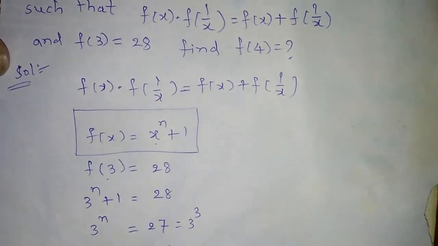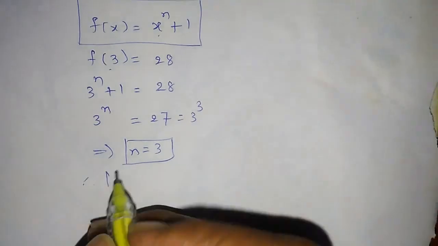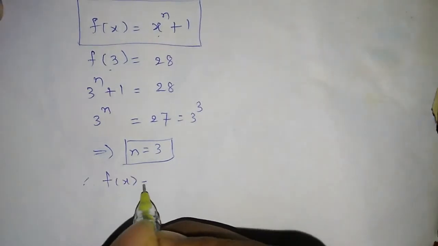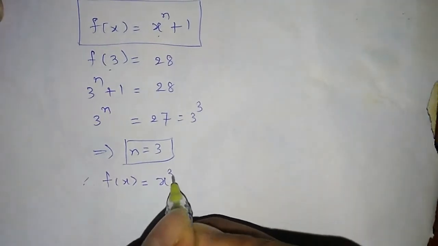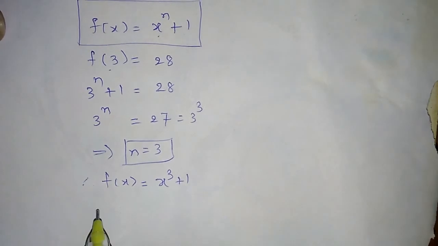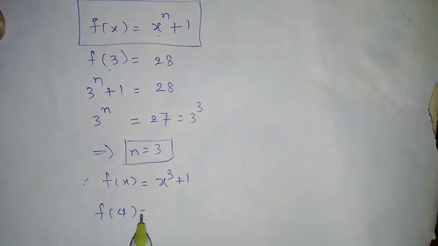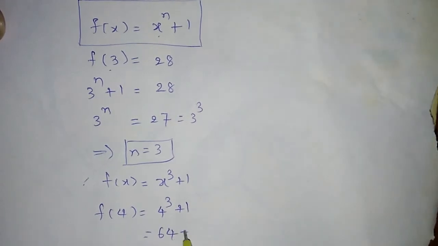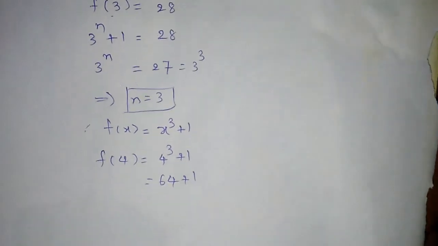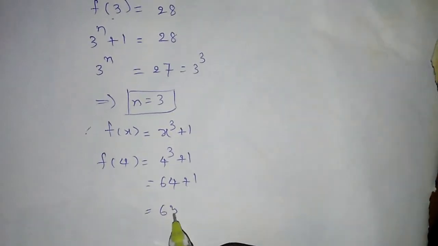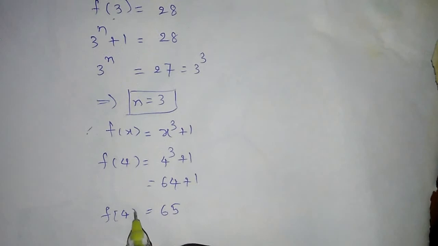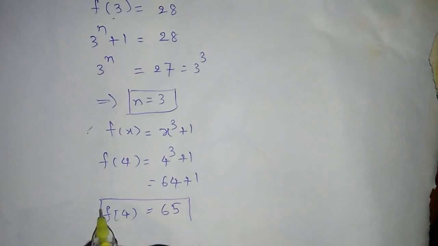Therefore f of x is equal to x cube plus 1. Now we need to find f of 4. F of 4 means 4 cube plus 1. 4 cube is 64 plus 1, that is equal to 65. Therefore f of 4 is equal to 65.